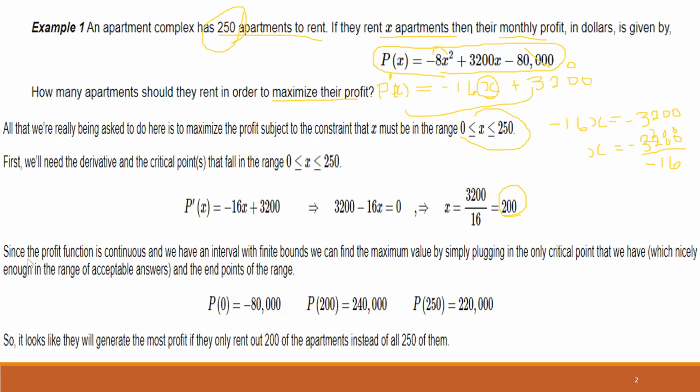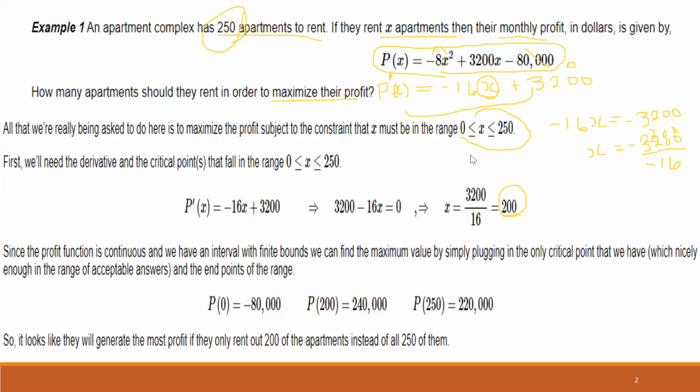It says, since the profit function is continuous and we have an interval with finite bound, we can find the maximum value by simply plugging in the critical point that we have, which is nicely in the range for acceptance.